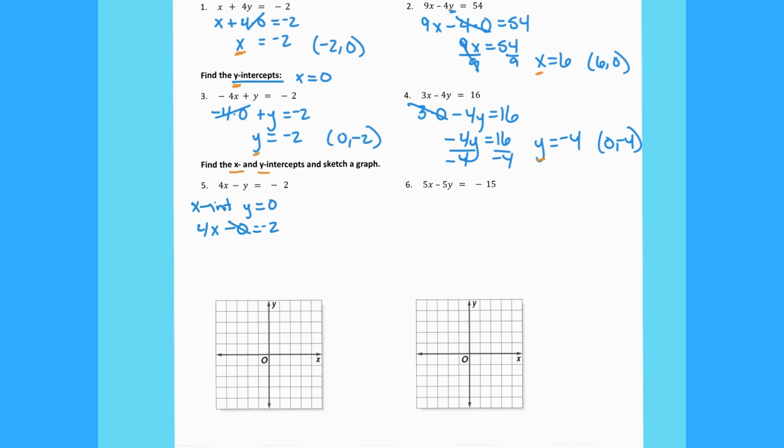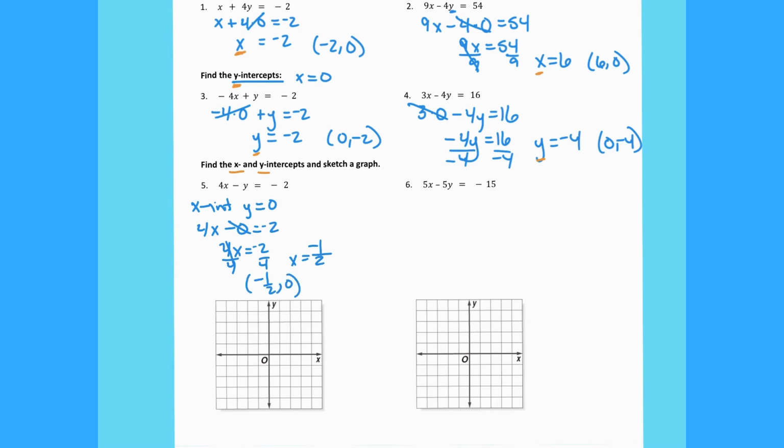The 0 just kind of goes away. So I have 4x equals negative 2. And we have to do some solving. Divide by 4. And then x equals negative 1/2. And then that's going to be the ordered pair, negative 1/2, 0.